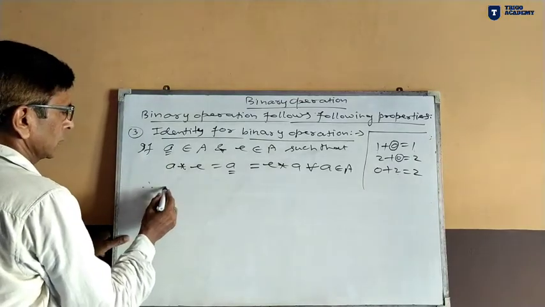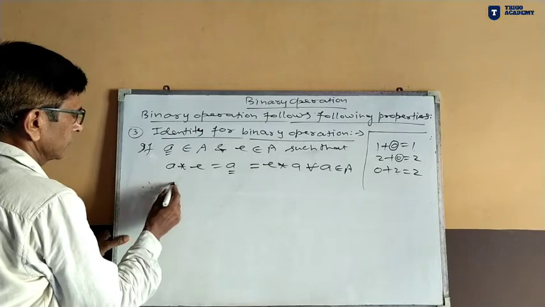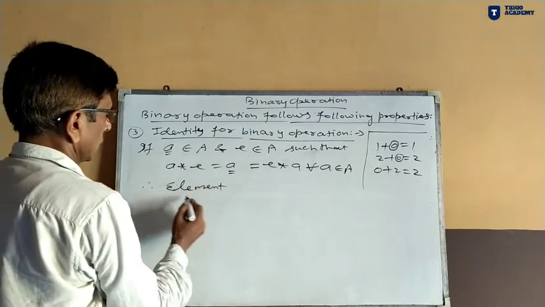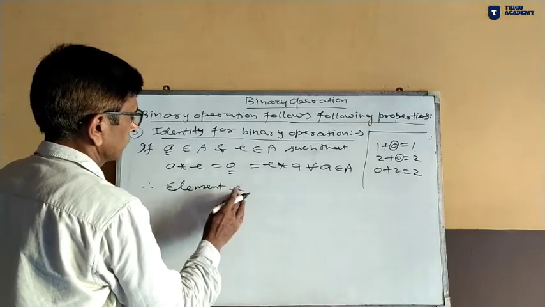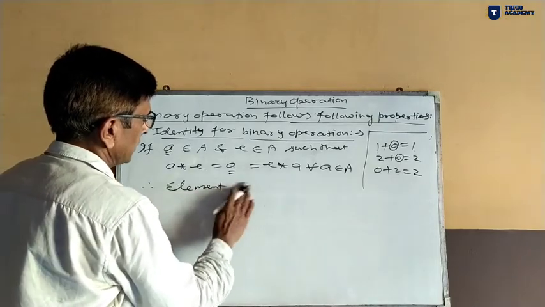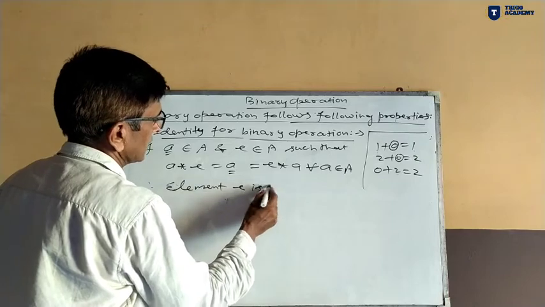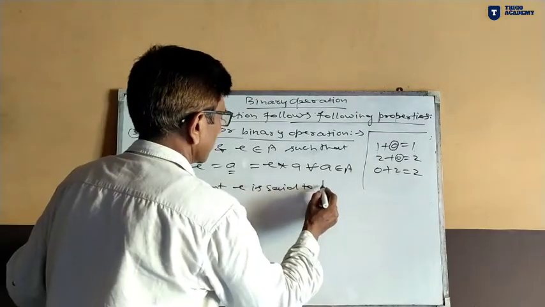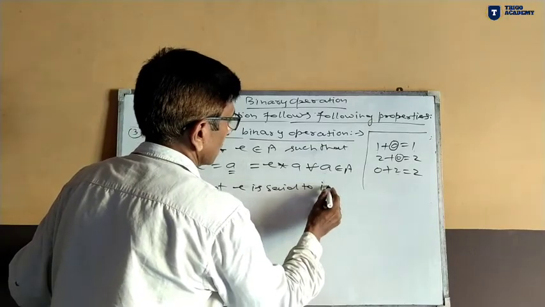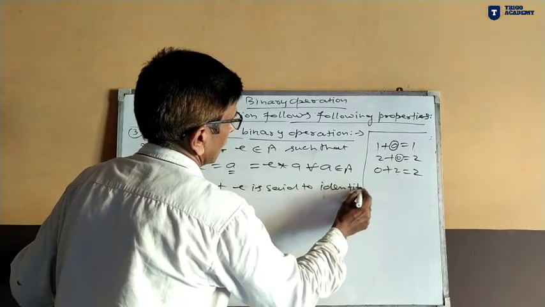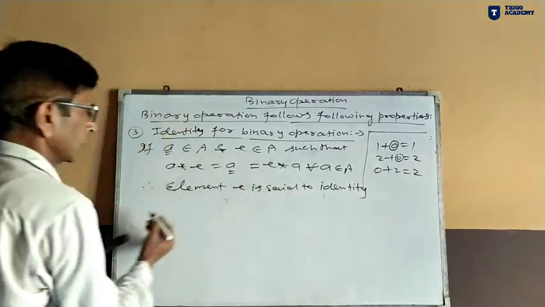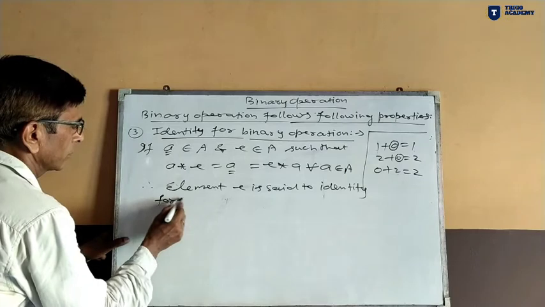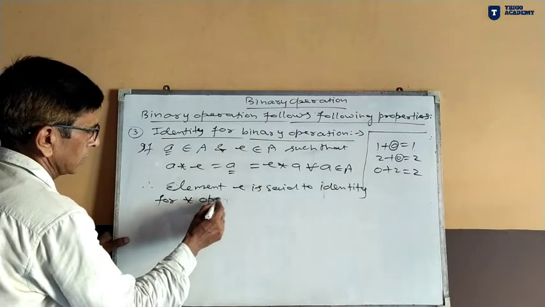Okay, so therefore element E is said to be identity for star operation.